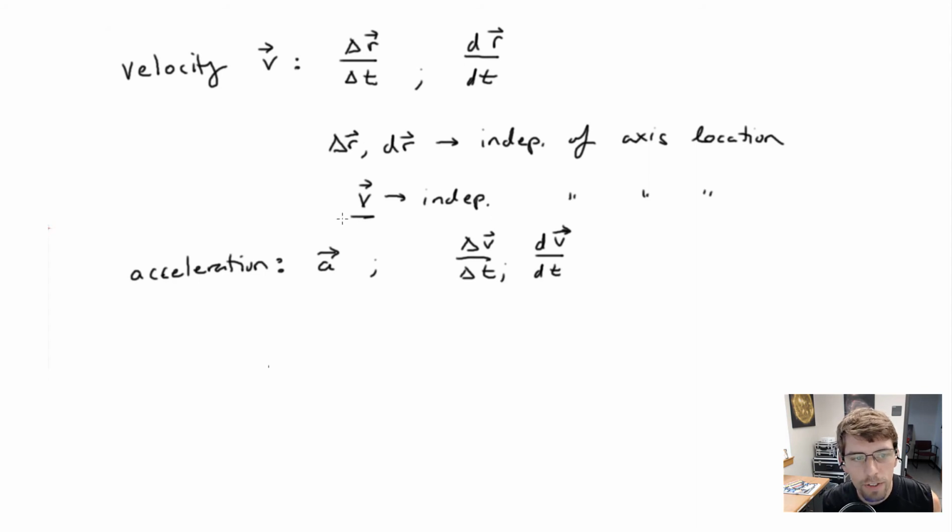And again, if the velocity is independent of the coordinate axes, that means your acceleration is independent of your coordinate axes. So everything falls together. Your displacement vector, your velocity vector, your acceleration vector, those are all independent of your coordinate axes. Your position vector is not. That definitely depends on where your origin is or where you put your axes.